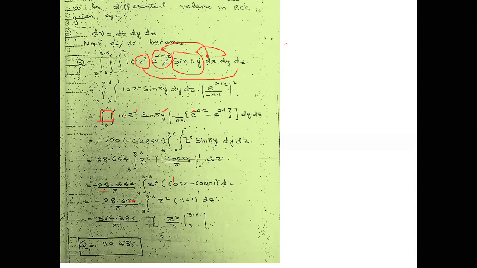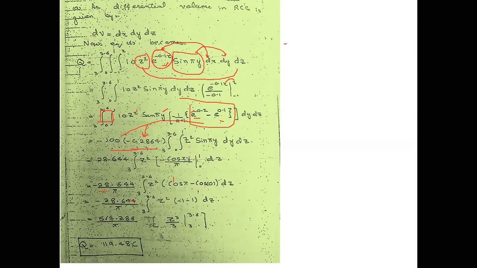This is the x variable, e raised to the power minus 0.1 x, whose integration is e raised to the power minus 0.1 x divided by minus 0.1. Replacing the limits 2 and minus 1, we will have this. Now this is a constant value, so taking it outside makes the calculation easier.